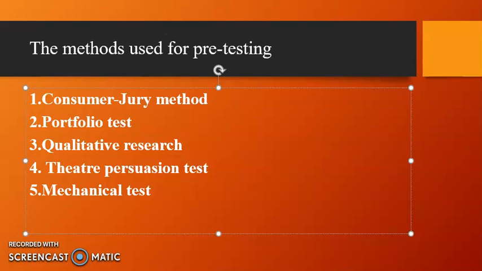The next method is the theater persuasion test. Here a group of consumers are invited to a theater. It could be a sample size of 250 to 500 participants. They are asked to enter the theater, and they're told that a lucky draw will be conducted, and after the lucky draw they'll get some gifts.